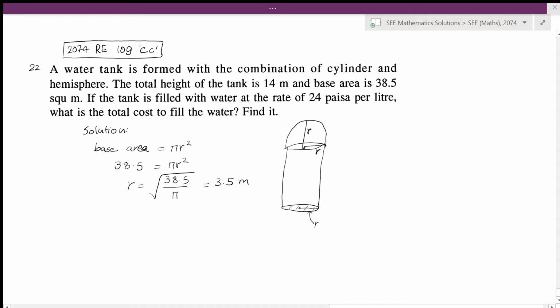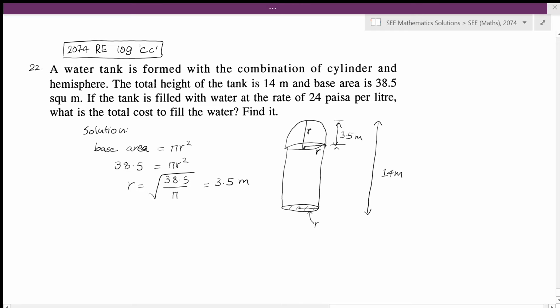Another important relation given here is that the total height of the tank is 14 meter. So from here to here is 14 meter, right? But we already calculated the radius, so from here to here it's 3.5 meter.